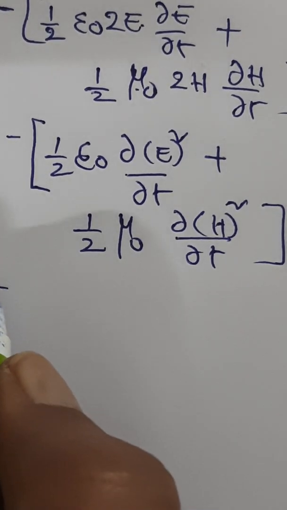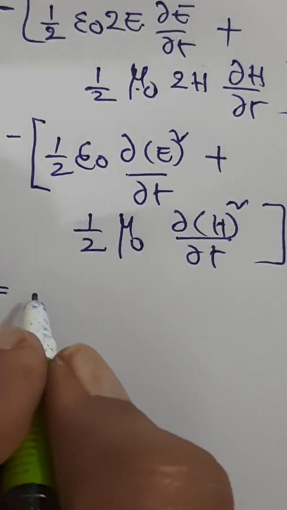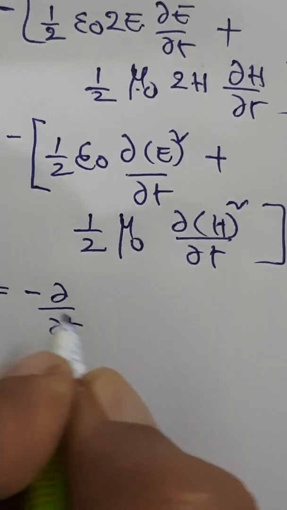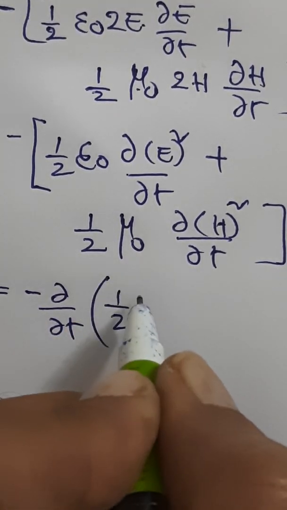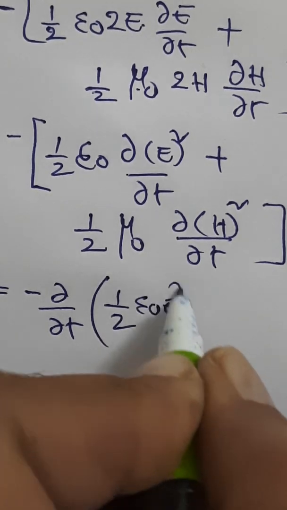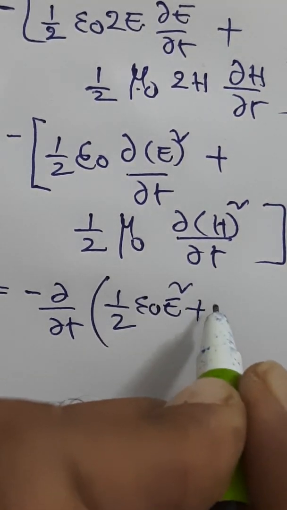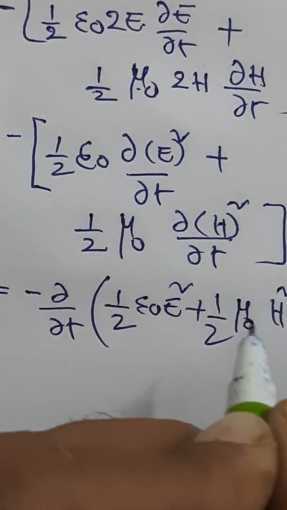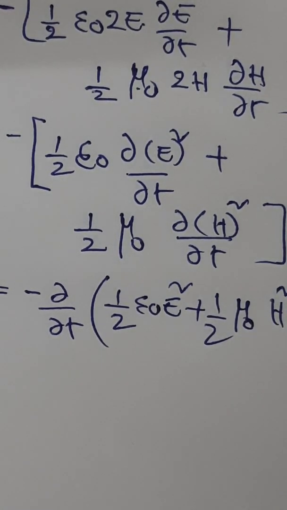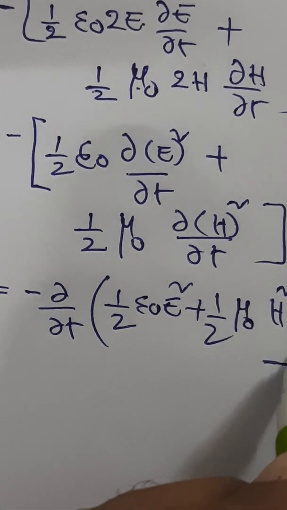Now you take dou by dou T outside: minus of dou by dou T into half epsilon naught E square plus half mu naught H square. Call this equation 3.